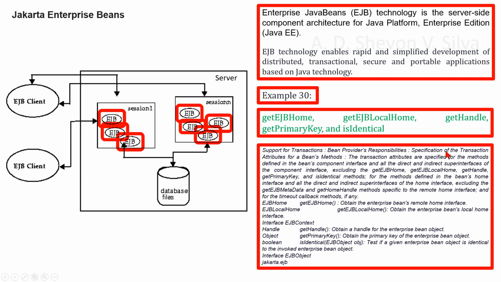The bean provider of an enterprise bean with container managed transaction demarcation may specify transaction attributes for the enterprise bean methods. A transaction attribute is a value associated with a method of an entity bean's home or component interface.